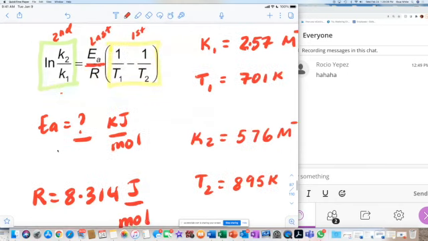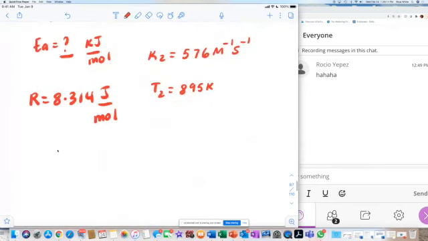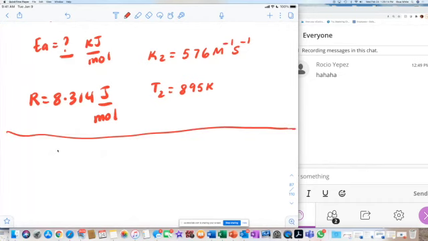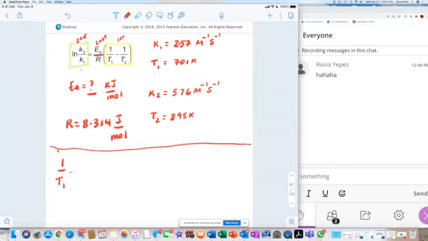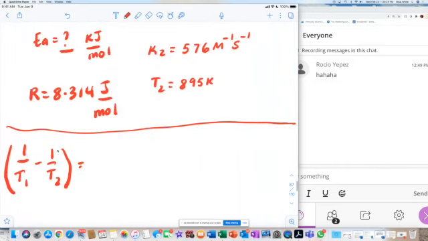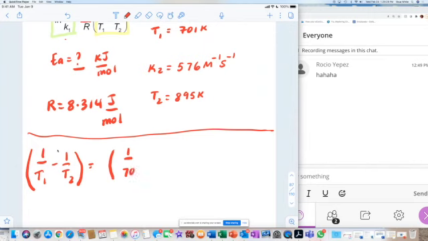Okay? So my first plan is to solve for 1 over T1 minus 1 over T2. I'm trying to solve this part first. So 1 over T1, 701 Kelvin, minus 1 over 895 Kelvin. Okay, I'm going to plug this in my calculator. I guess I can make this slightly smaller.